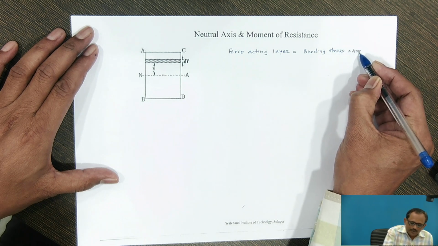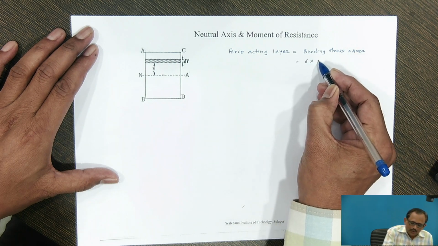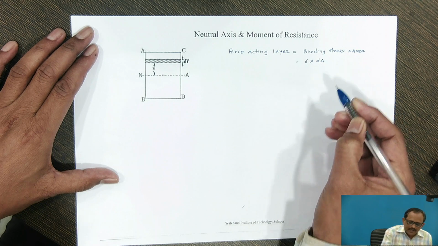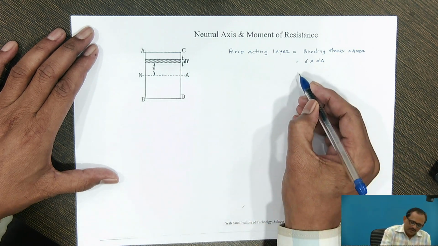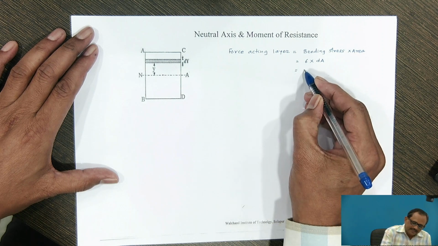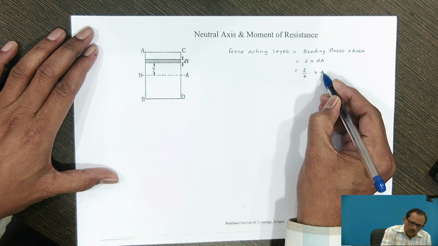Therefore, bending stress is given by sigma into the area of that layer, as we have assumed the area of this layer is dA, and hence the force will be E upon R into y into dA.